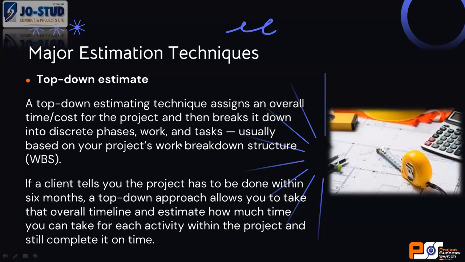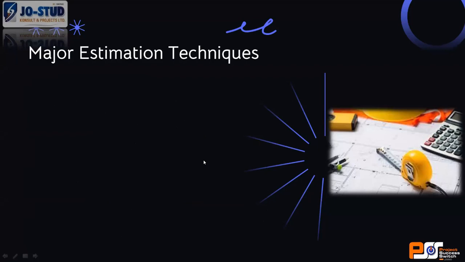Good. So I will go to the last one I'm going to expatiate on, which is the bottom-up estimate. After this, I'll just rush through the other ones so that we can wrap up this slide. Now, bottom-up estimate is the best and most accurate form of estimation technique.